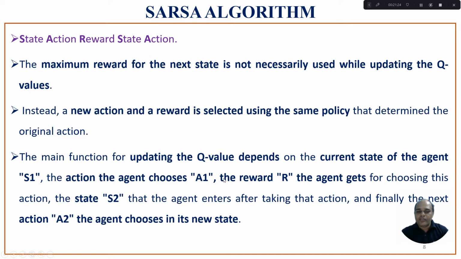How these Q values will be updated depends upon the current state of the agent, which is S1, the action the agent chooses, that is A1, and it gets some reward for that particular action. Then the agent moves into the next state, S2, and in the next state, what action it has to perform. So all these things will be considered while updating a Q value: current state, current action, whether it has got a reward or not, next state and the next state action. Everything will be considered while updating the Q table value.